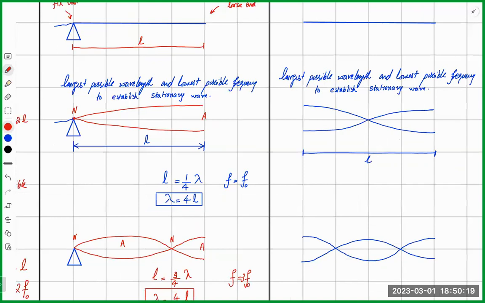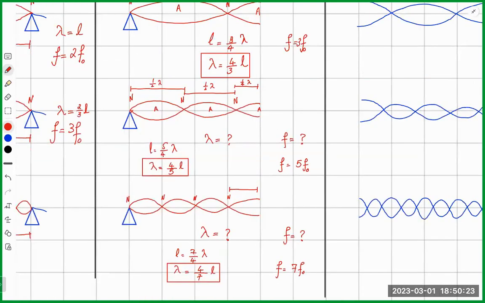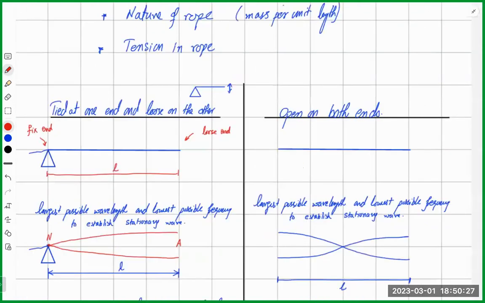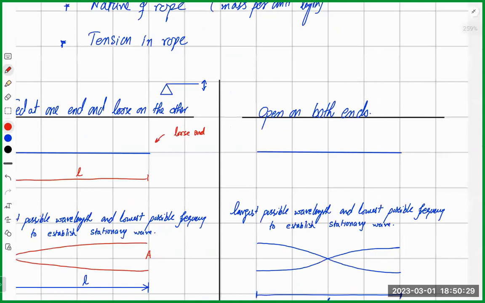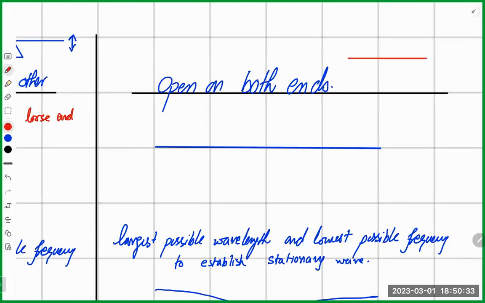So this is for waves which are tied on one end and loose on the other. What if a string is loose on both ends? It's just a string, and there are sources on both ends making it oscillate up and down.